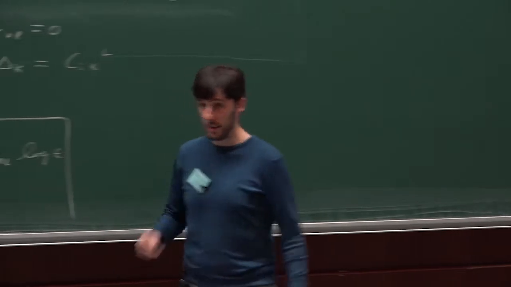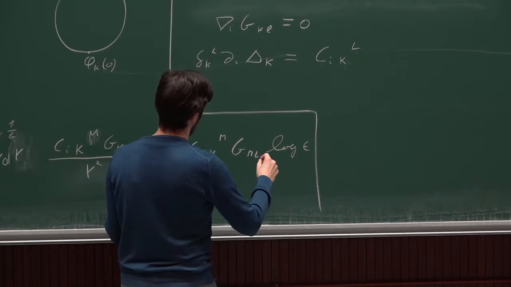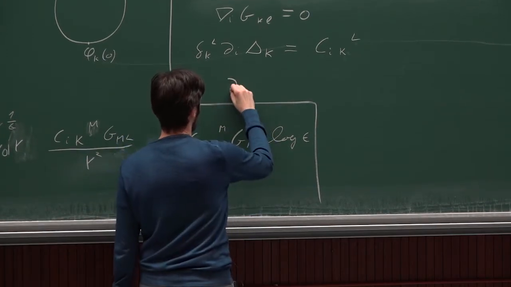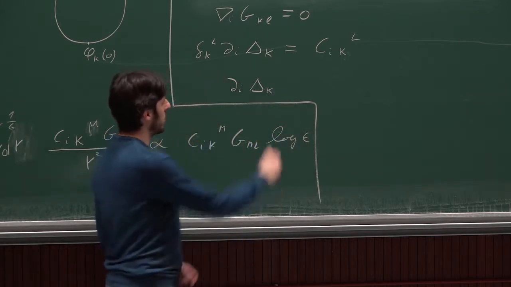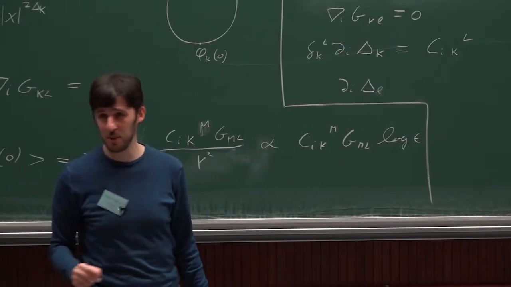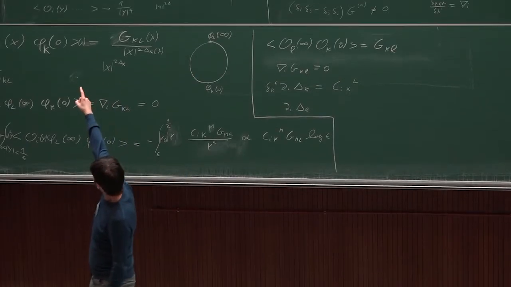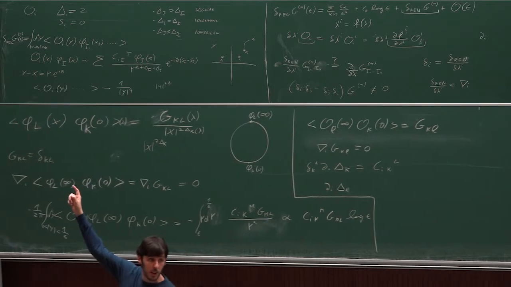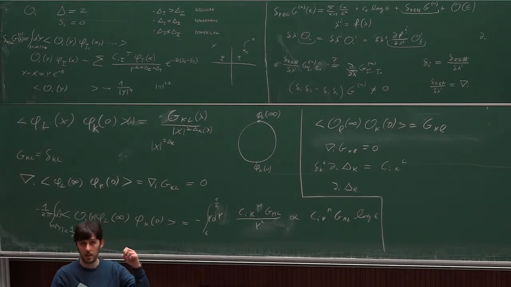Okay. And the second condition, which connects to a question that I received, is that you see that this also allows for, now you have to imagine that this K, maybe we put L, it's clearer that it's lowercase. You see that even if I start with the marginal operator of dimension 2, for a specific theory, when I deform the theory, it might acquire itself an anomalous dimension. It might fail to be marginal in the deformed theory.